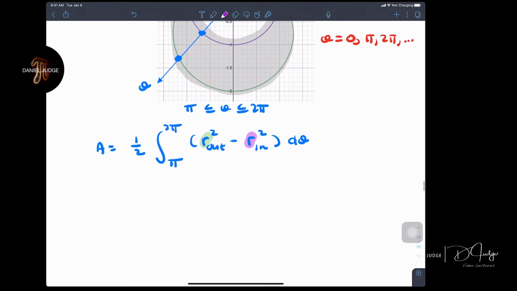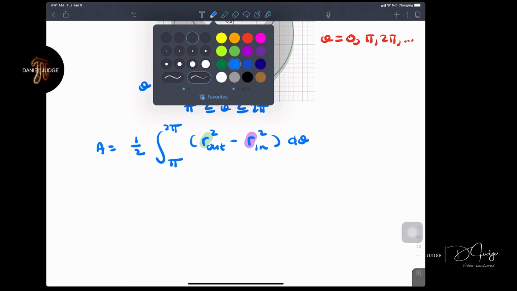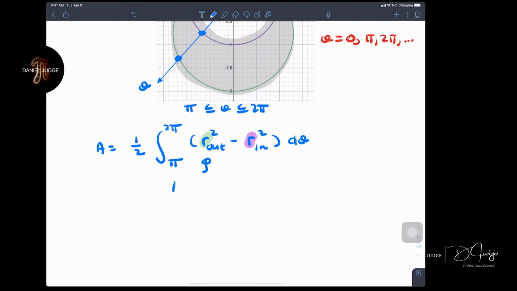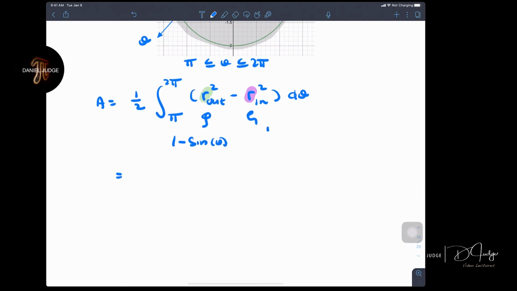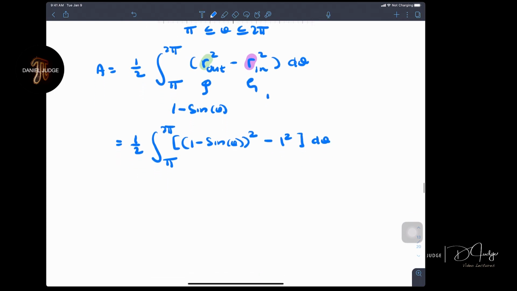So 1 minus sine theta and 1. So I'm going to replace that right in here. 1 minus sine theta and 1. So we have 1/2 integral from pi to 2 pi of (1 minus sine theta) squared minus 1 squared. And this is d theta now.